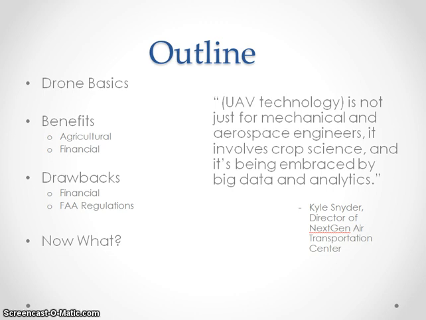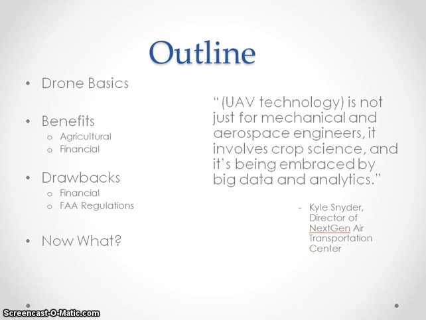Then we'll move on to drawbacks. Again, you'll notice financial is in both benefits and drawbacks. There are both. And then we'll talk about some of the FAA regulations that are causing a little bit of friction about getting this technology into the market. And then we'll talk about what you can do next, once you have this information.